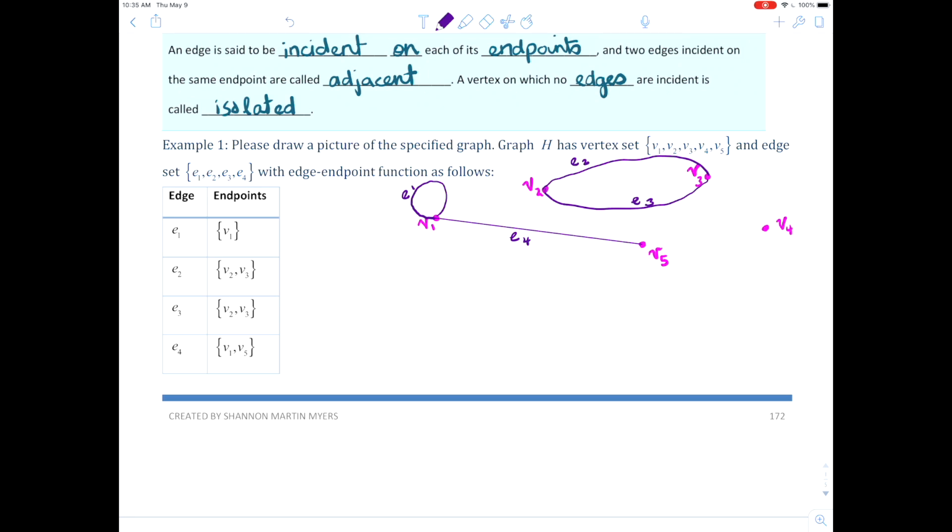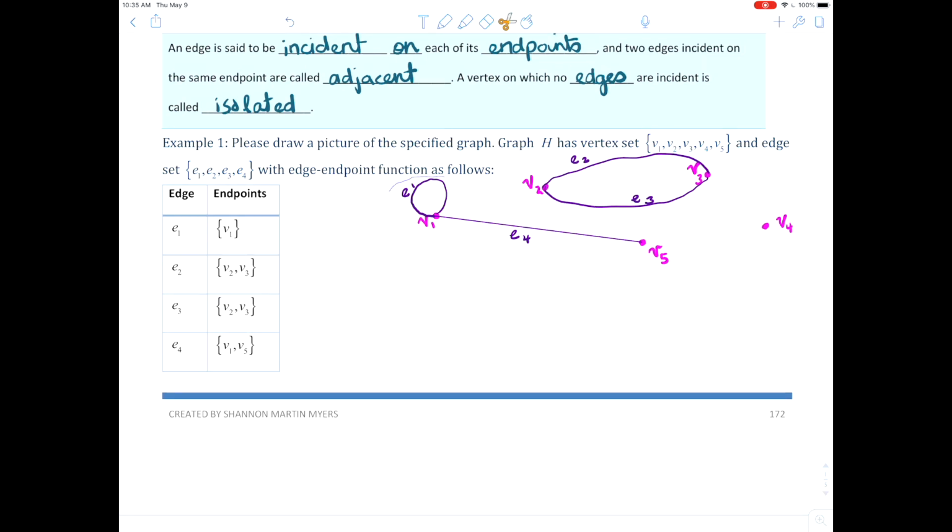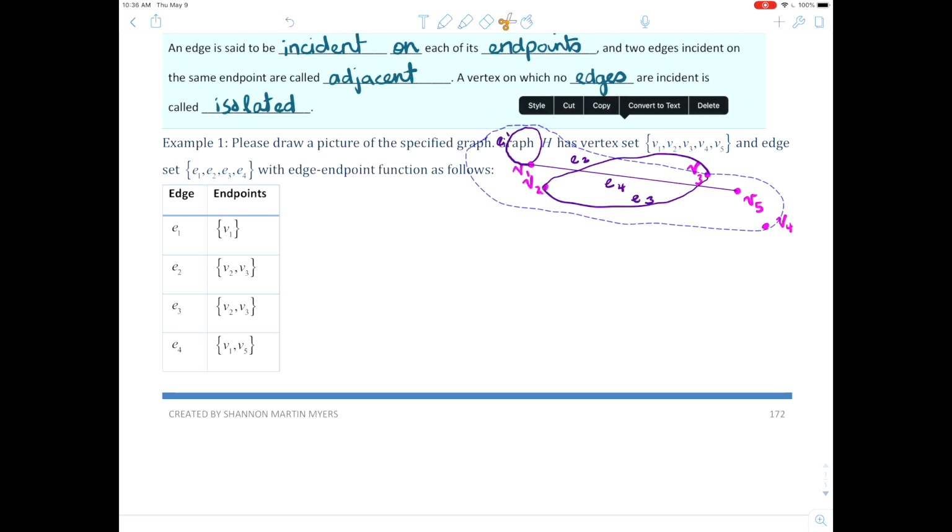You're going to learn about connected graphs. This graph is not connected, even though we could draw this differently, right? If I play around with this, we could move this and draw it something like this, and it would look like it was connected.